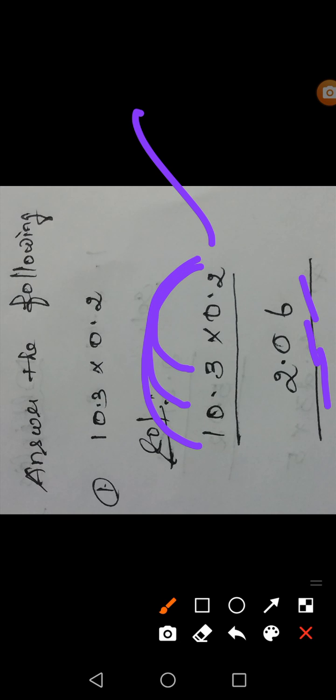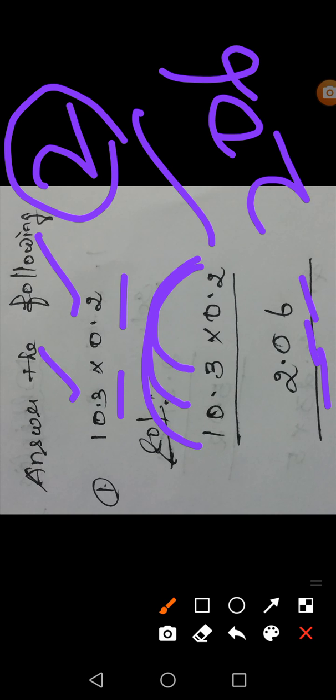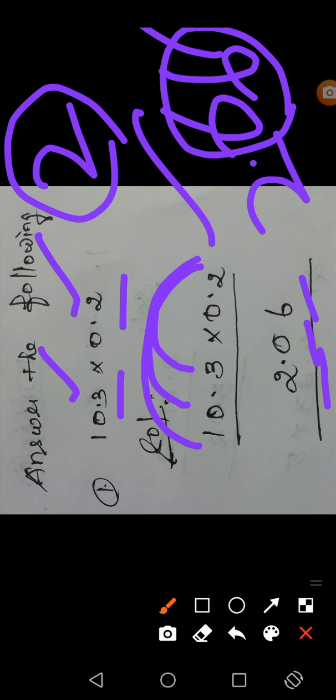So we get 206. How to implement the point? Both have decimals, so you check how many digits each has. Point after one number in each, so totally we get two numbers. Correct. So back to front, 1 2, 2 numbers before, you keep the point. So we get 2.06. Okay.